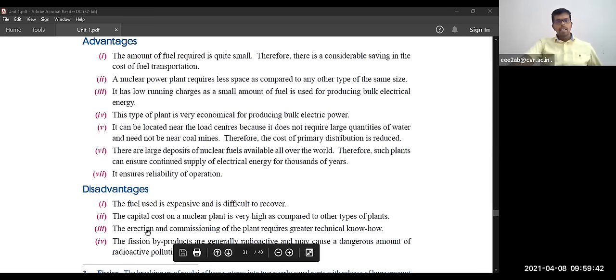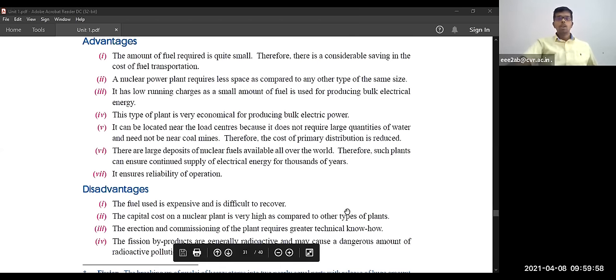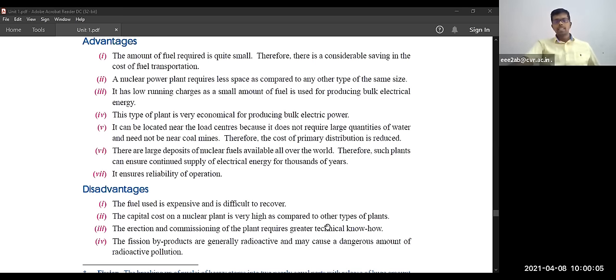Okay. Next, the erection and commissioning of the plant requires greater technical knowledge. So highly skilled workers are needed. Like reactor construction and all, it needs highly skilled work.